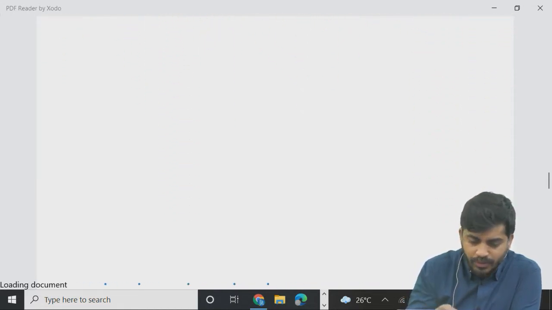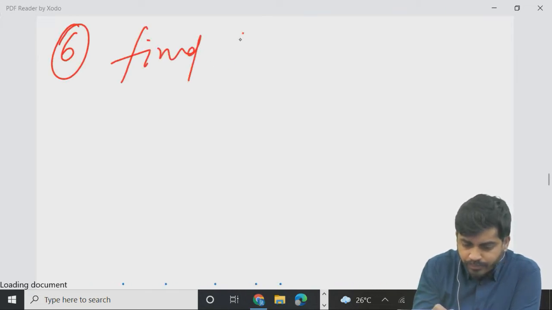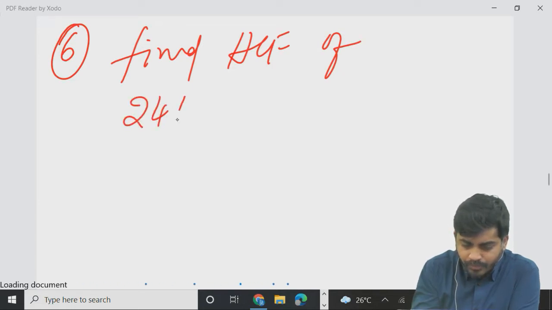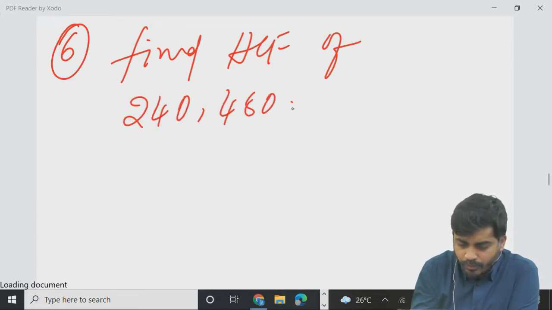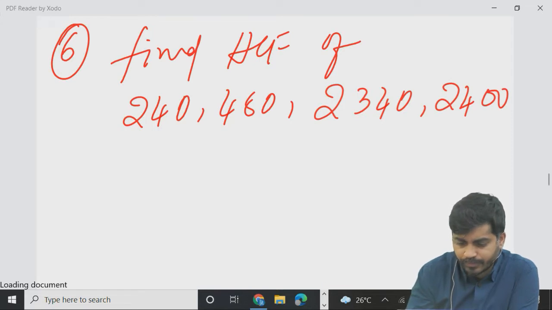One previous year question, note down this. Find the HCF of 240, 480, 2340, 2400. Find the HCF of 4 numbers.